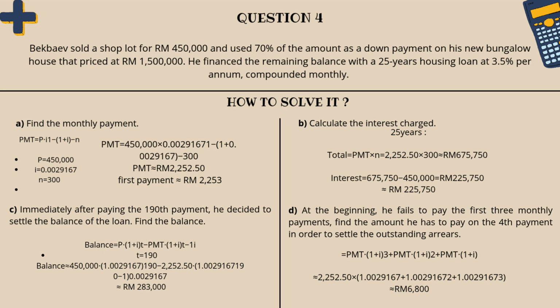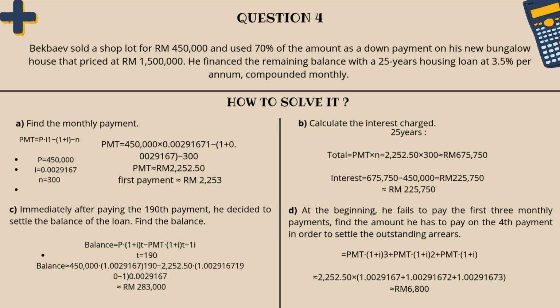The first one is we have to find the monthly payment. So 4,500 multiplied by 0.00291667 over 1 minus, in bracket, 1 plus 0.00291667 to the power of minus 300. So the monthly payment we get is RM2,252.50. For question B, we have to find the interest charge for 25 years.